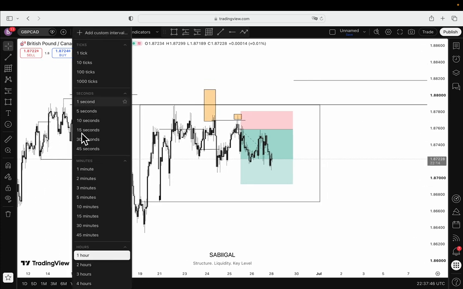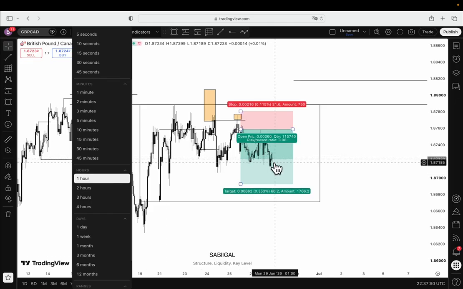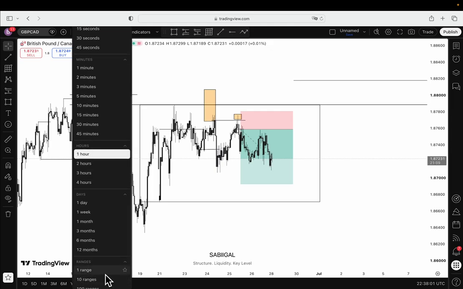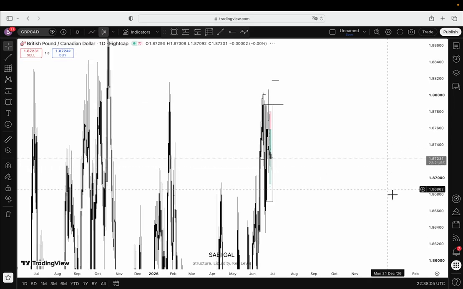Now let's go. Today is Giving Monday. Let me check the daily time frame. The new candle must have formed.